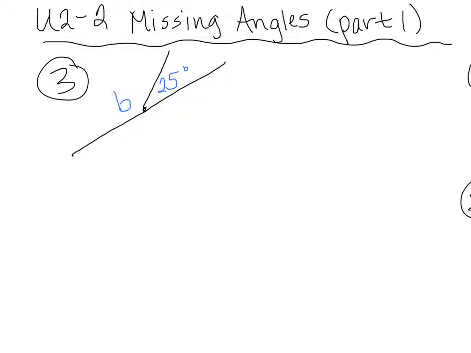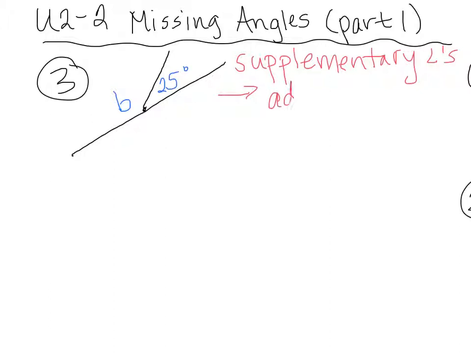Now here, I notice that these two angles are supplementary, right? Because they create that straight line. And when I have supplementary angles, I know that they add to 180. So I'm going to add the two angles and set it equal to 180.